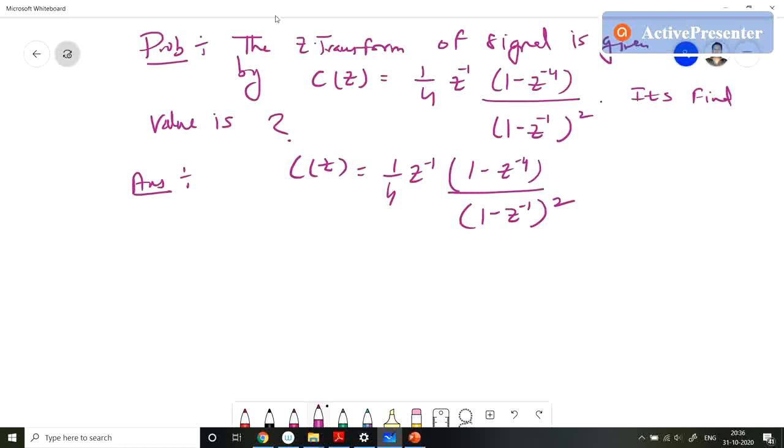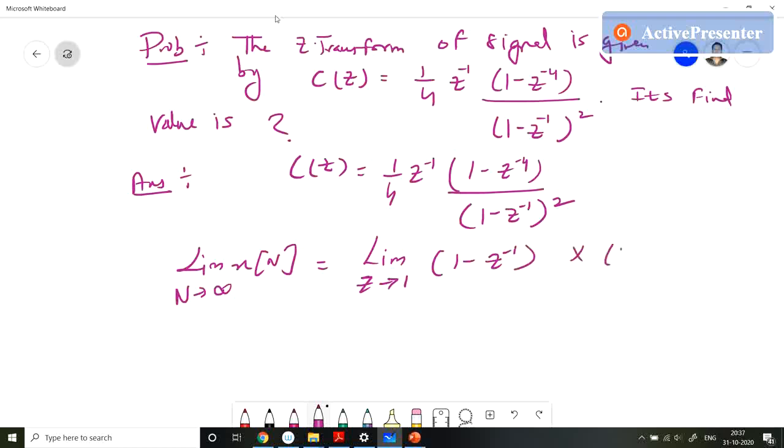Now the final value is limit n tends to infinity x(n), which equals limit z tends to 1 of (1 minus z raised to the power minus 1) into C(z).